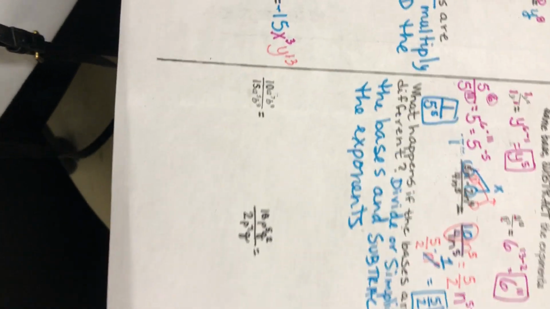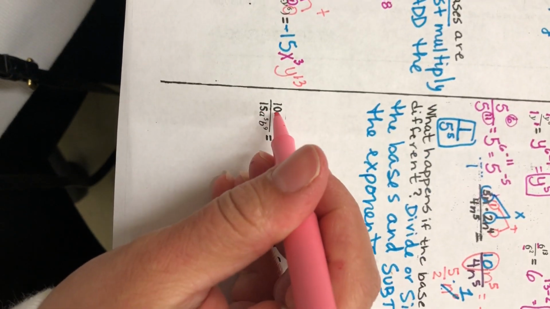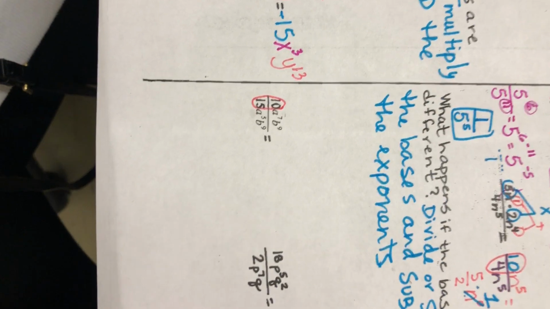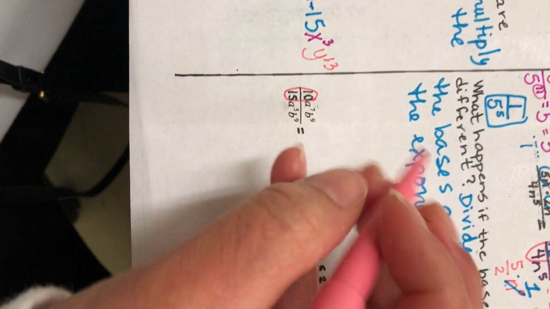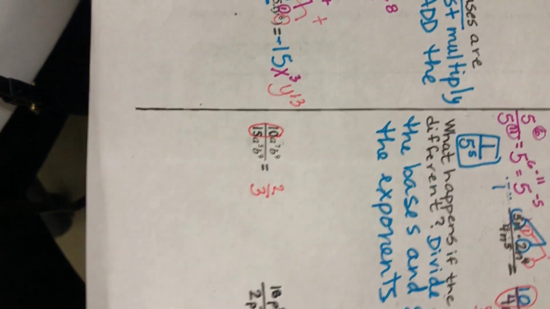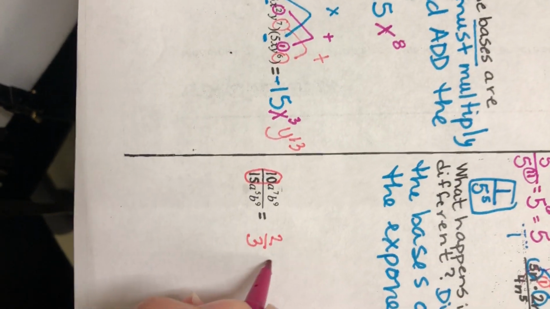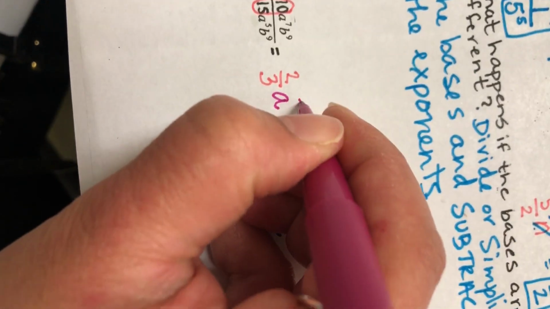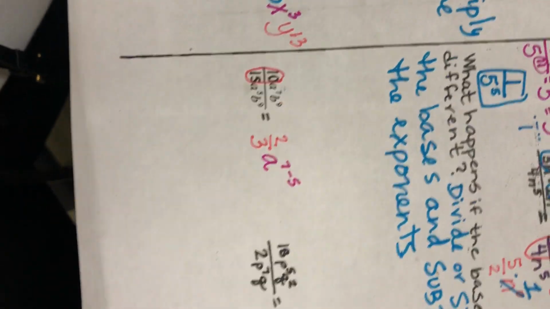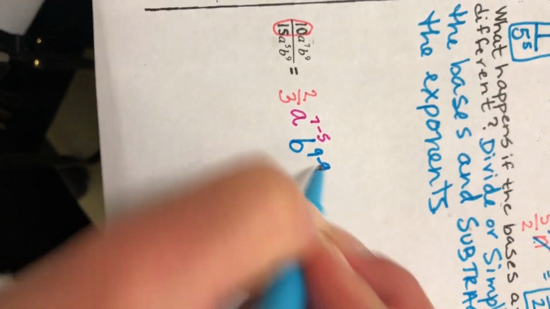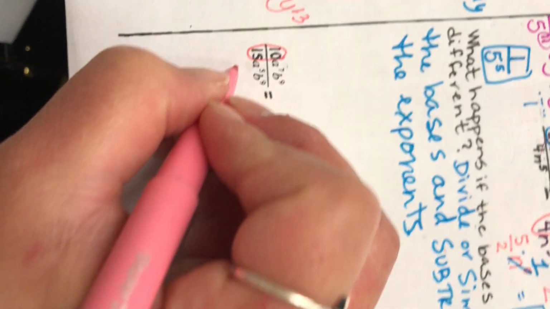So I'm going to go here. Here are my bases. I can't divide them and get a nice little number, so I'm just going to simplify them by 5. I'm going to get 2/3. Then I see the first letter is an A, so I'm going to write down an A right in the center, and I'm going to do 7 minus 5 for that one. The next letter is a B, and I'm going to do 9 minus 9. I'm going to keep writing my 2/3.